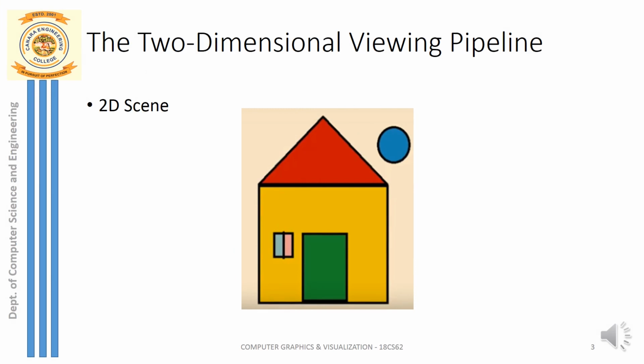As I already said, we will discuss this 2D viewing procedure, or we can also call it the 2D viewing pipeline procedure. Before we get into this pipeline technique, first we will analyze what a 2D scene is.